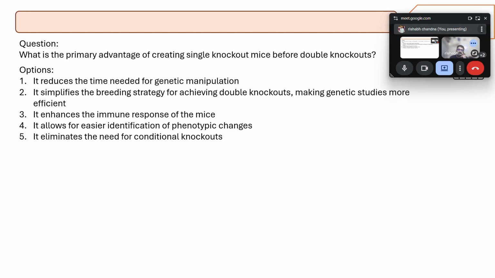What is the primary advantage of creating a single knockout mice before double knockouts? So what can be the correct answer?